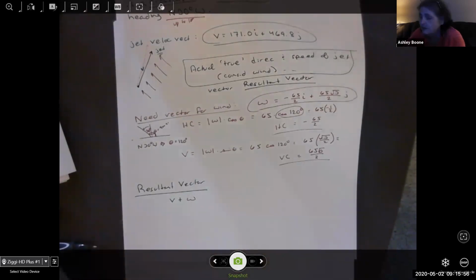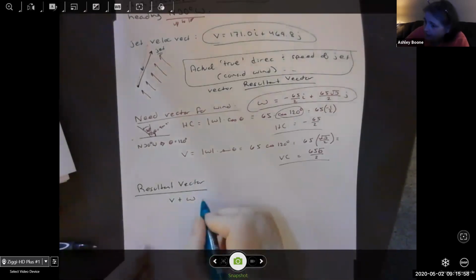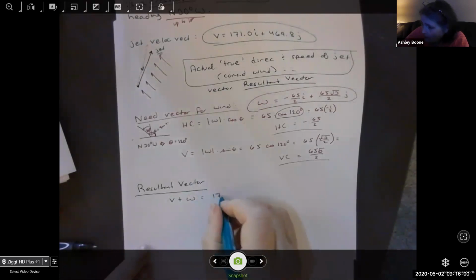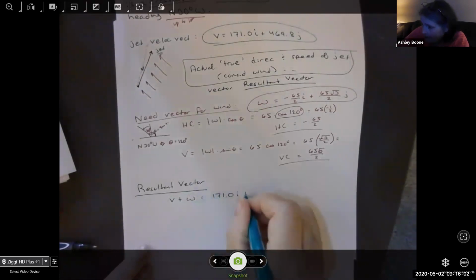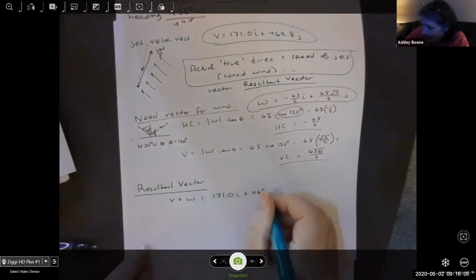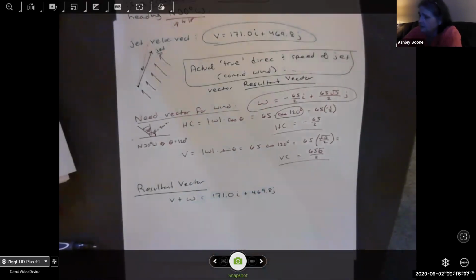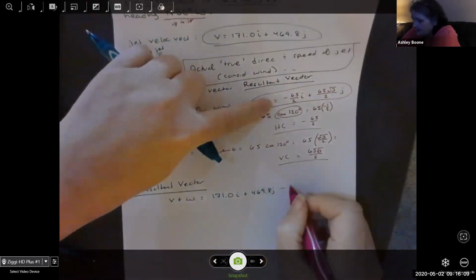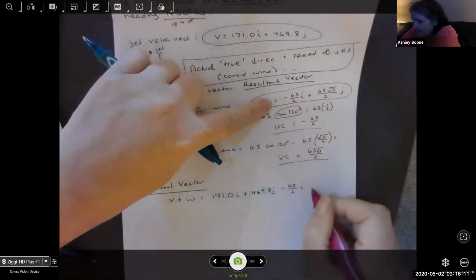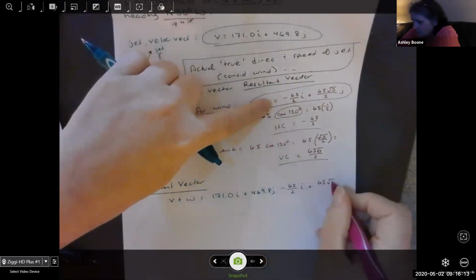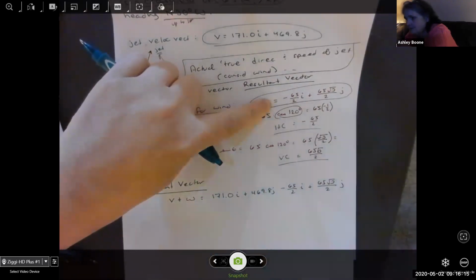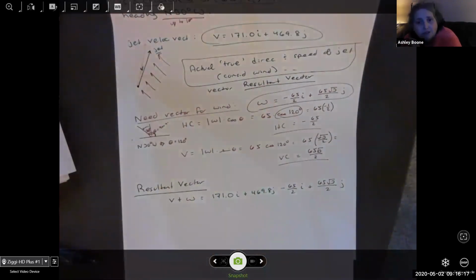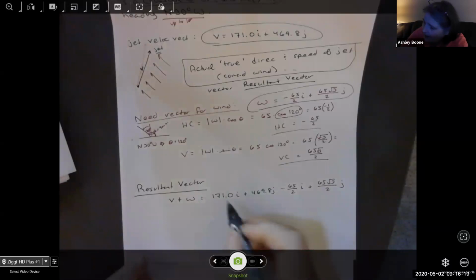Think about what we did with vector addition. So we have 171.0 i plus 469.8 j, plus negative 65 halves i plus 65 square root of 3 over 2 j. When you do vector addition, you add like components.